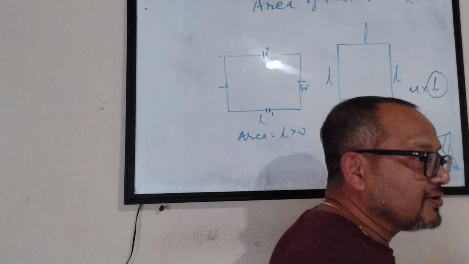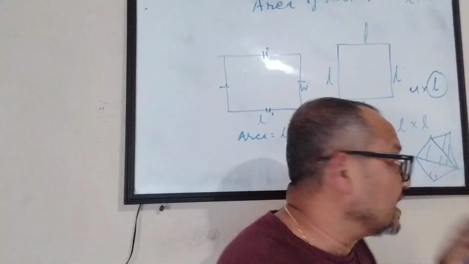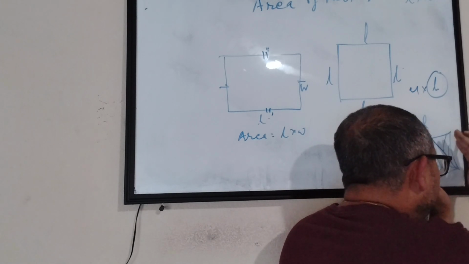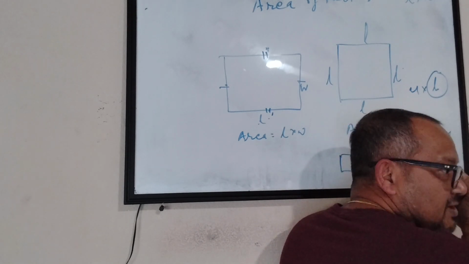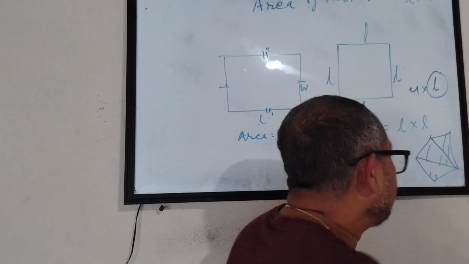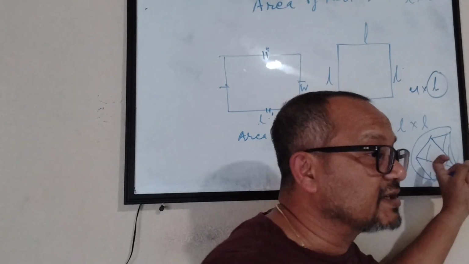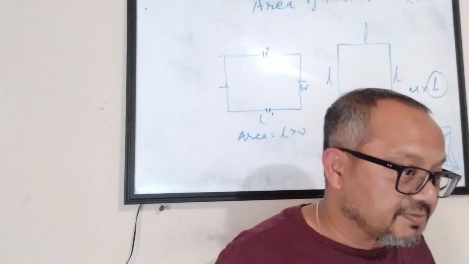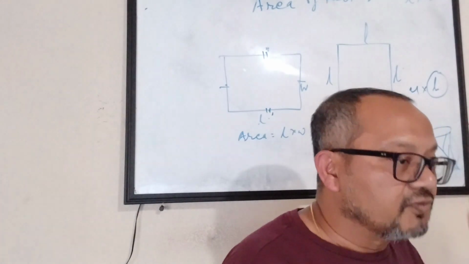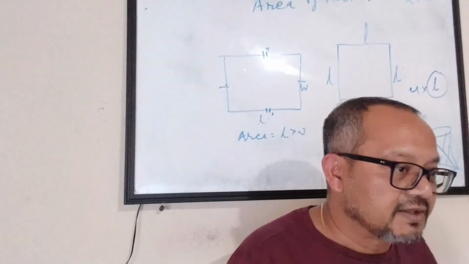Then you find the area of these triangles and add them together, and that becomes the total area. It's like tearing a piece of paper into 3 pieces, finding the area of each piece and adding them together. This is called composite shapes. So we can apply that approach to find the area of shapes. Yeah, that is another way of doing it.